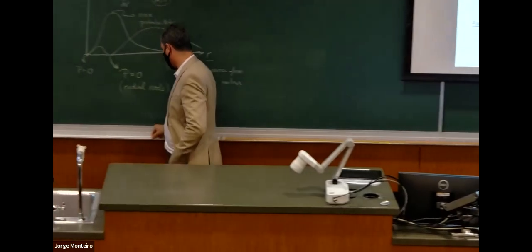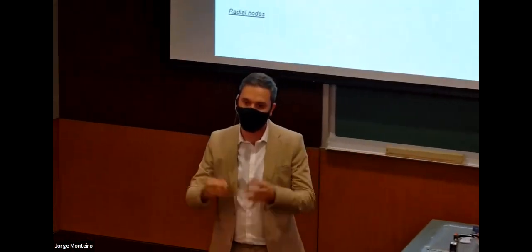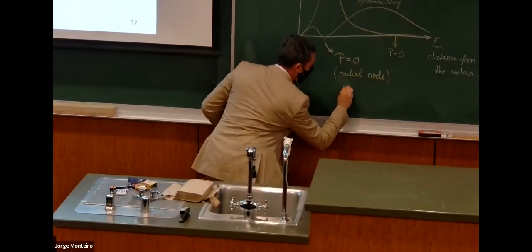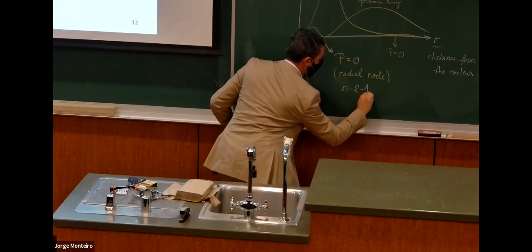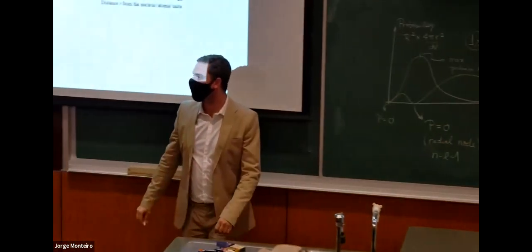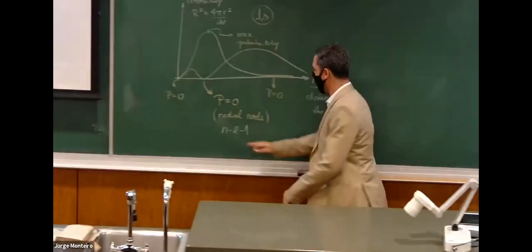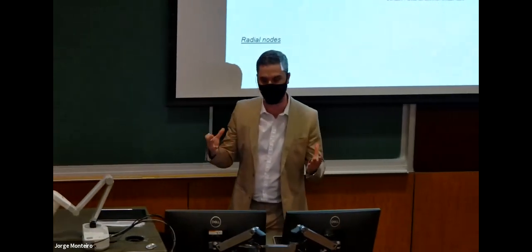Okay, so now let's talk a little bit about radial nodes. There is actually a formula to calculate the number of radial nodes. It's a very simple formula. We're going to do n minus l minus 1, and this will give you the number of radial nodes.